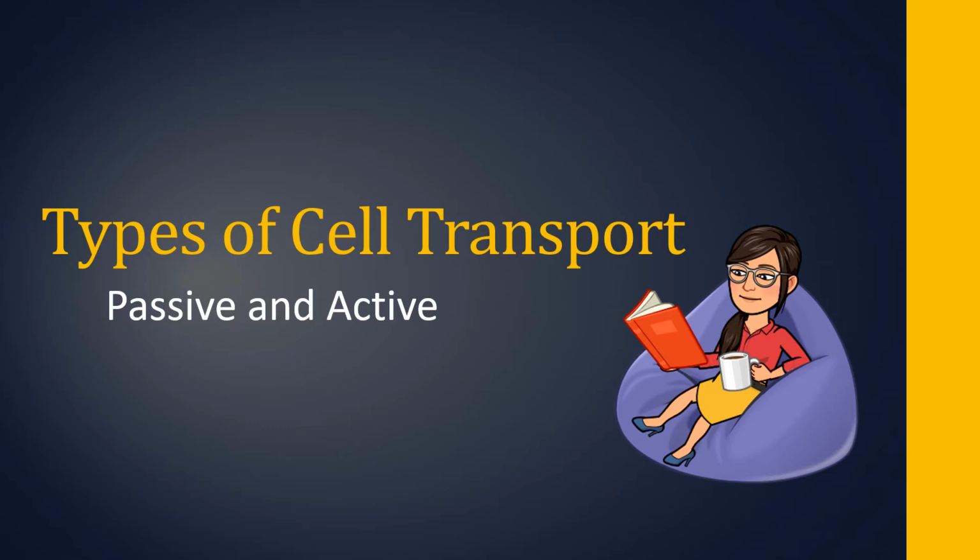You probably did not notice when the cookies were put into the oven because you could not smell them. But as the cookies bake, the movement of the aroma from the kitchen to your room happens through a process we call diffusion. So we're going to continue our discussion on the different types of cell transport. As you can see here, we have passive and active.